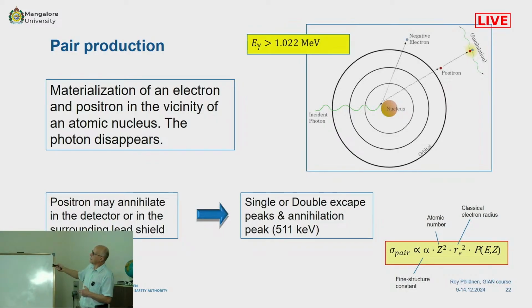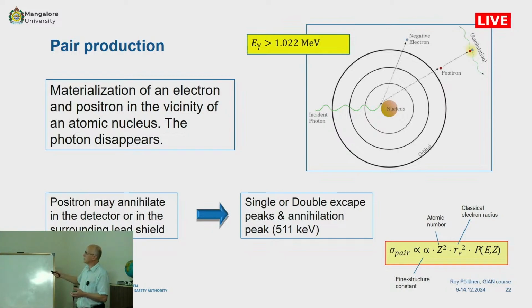And the photon energy is divided between these two particles. And what may happen is annihilation of the positron when it hits normal material.